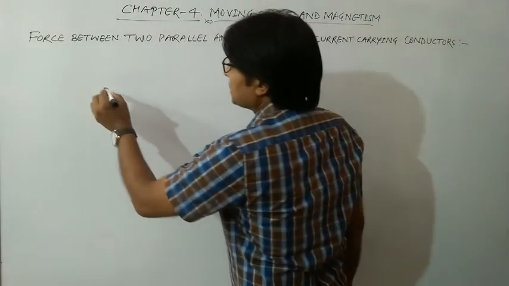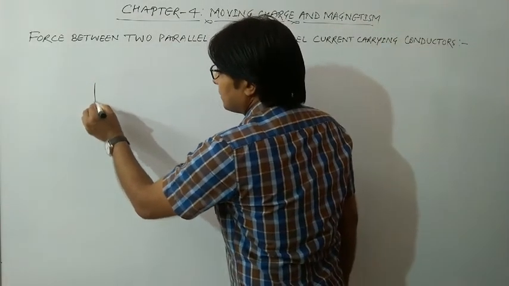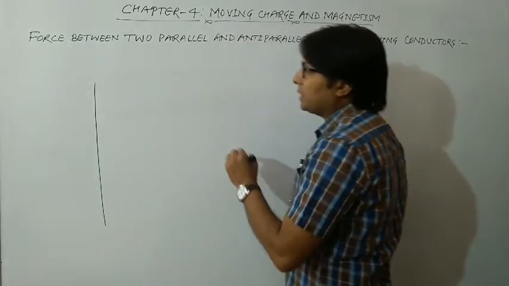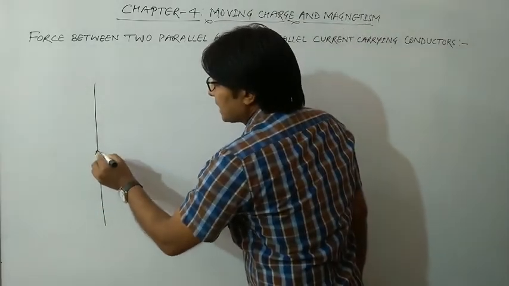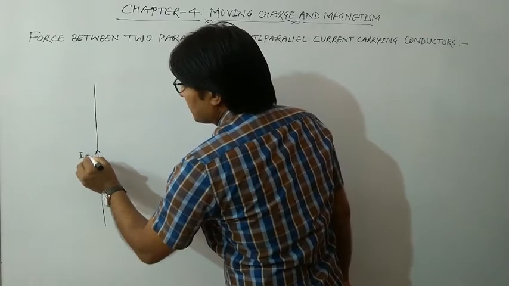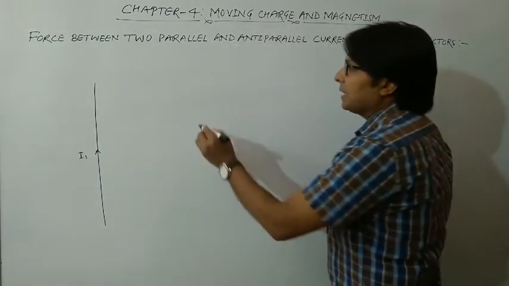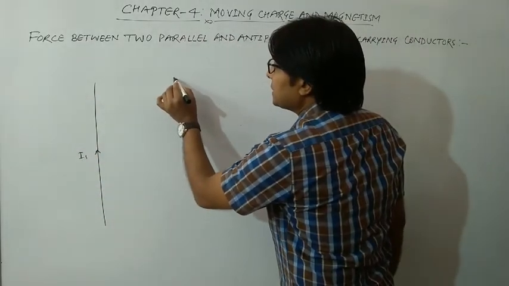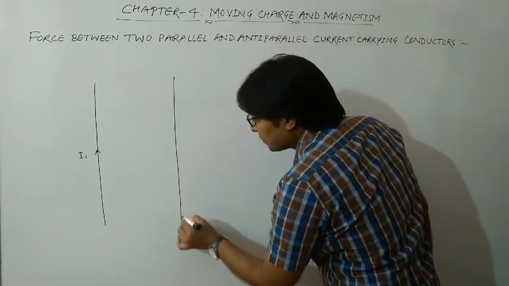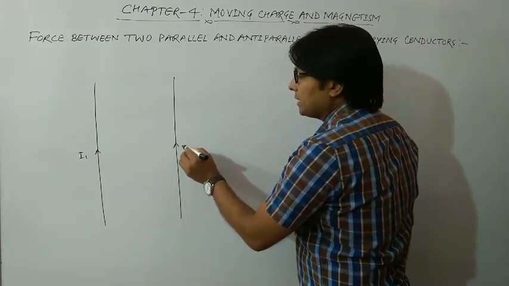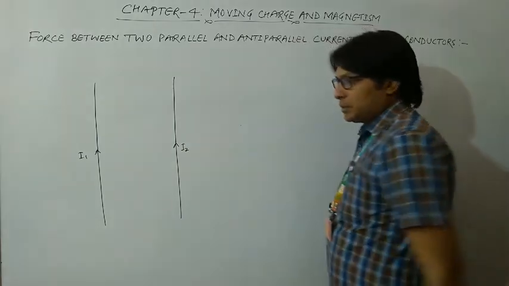Suppose I have one conductor carrying a current I1 in this direction, and in the vicinity of this conductor I have placed one more conductor in which the current flowing is I2.